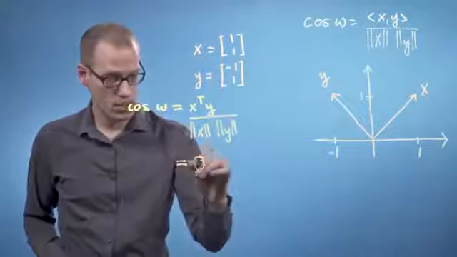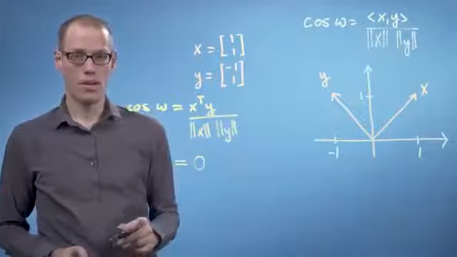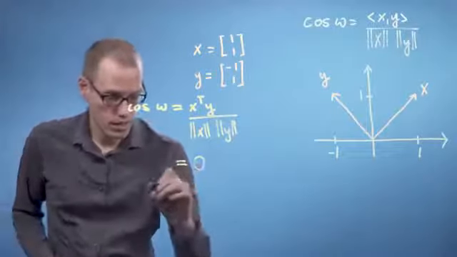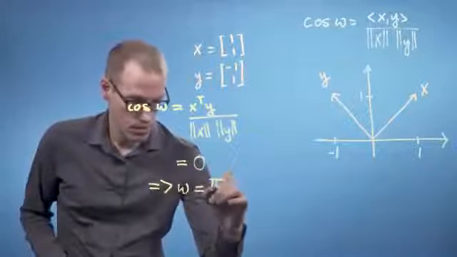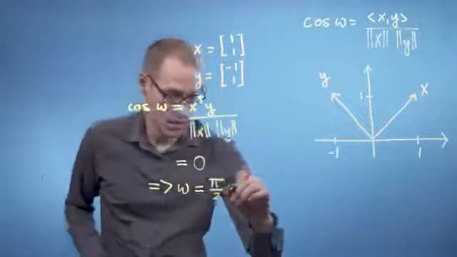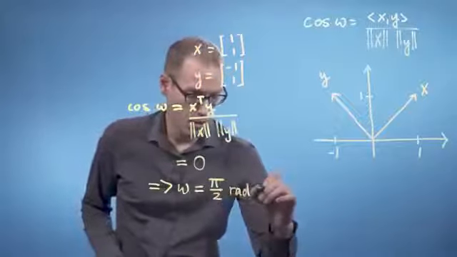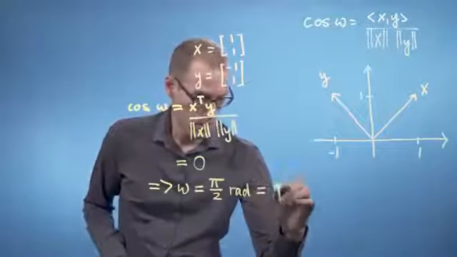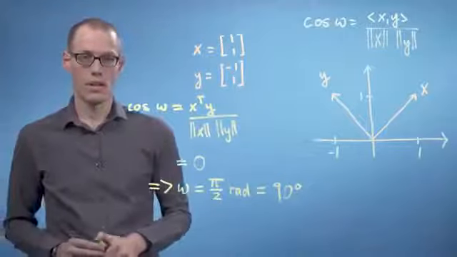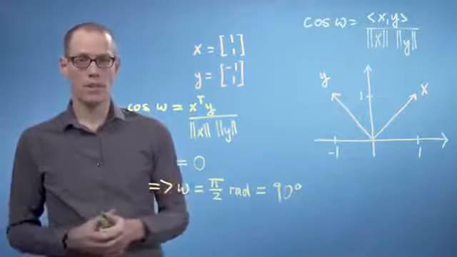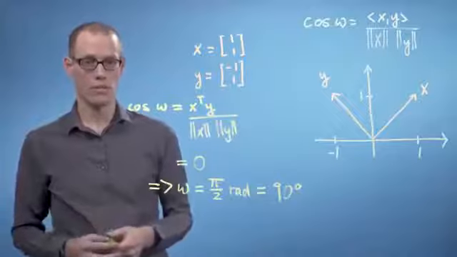And this evaluates to 0. This means that omega is pi over 2 in radians, or 90 degrees. This is an example where two vectors are orthogonal.